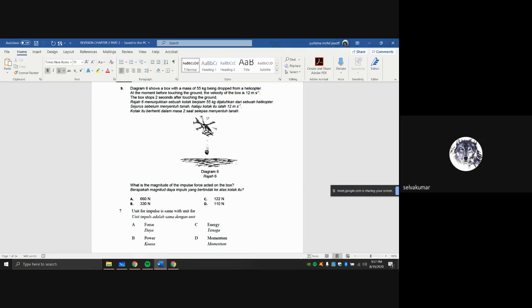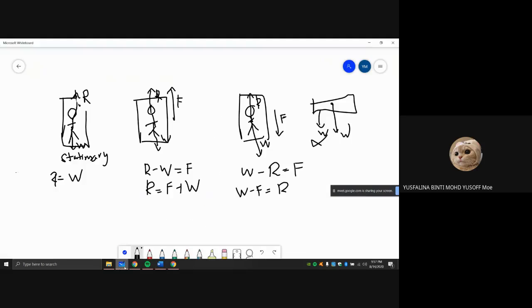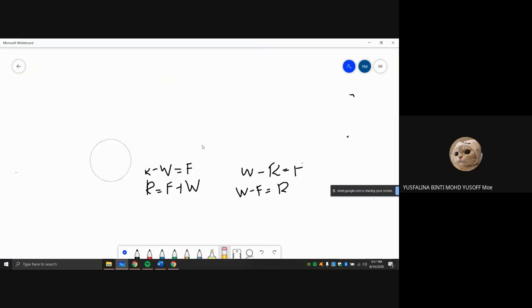Teacher, is the answer for number 9 D? D, donkey. Yeah, the answer is B, boy. What formula did you use for this one? mv minus mu. This one is impulsive force, right?